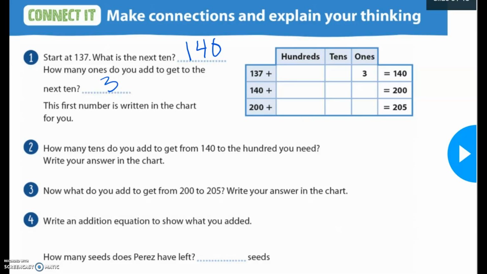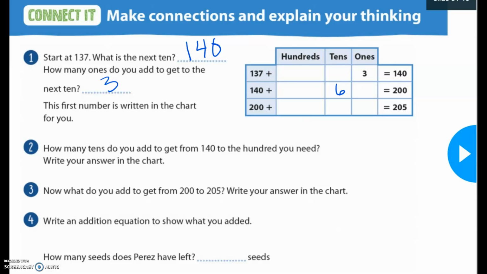So they've already written that 3 there for us. Then it says how many 10s do you add to get from 140 to 200? So our next 100 is 200, and we'd have to add to 150, 160, 170, 180, 190, 200. So we would have to add 6 10s to get to 200.